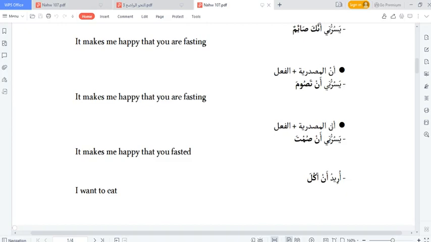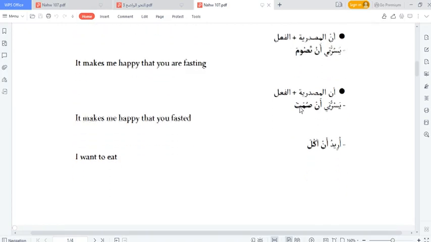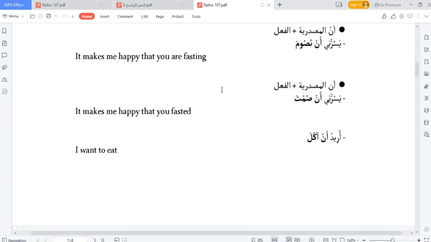Another type is we have an masdariyya again plus jumla fi'liyya, but in this context we have yasurruni an sumta. It's still jumla fi'liyya, but this is fi'l madi, while the previous was fi'l mudari, but both of them are jumla fi'liyya. So yasurruni an sumta. It makes me happy that you fasted.